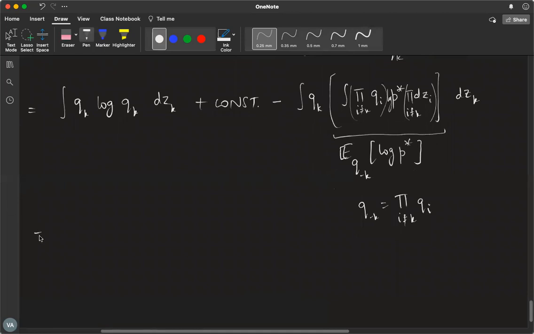So this becomes simply equal to the integration of qk log of qk upon, bringing it within the log, exponential of the expected value over q of minus k of log p star, times dzk, plus some constant, right?